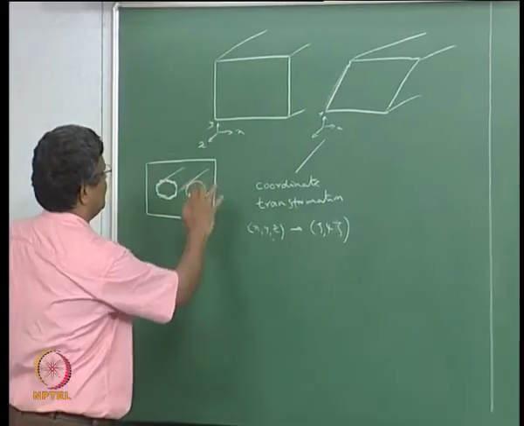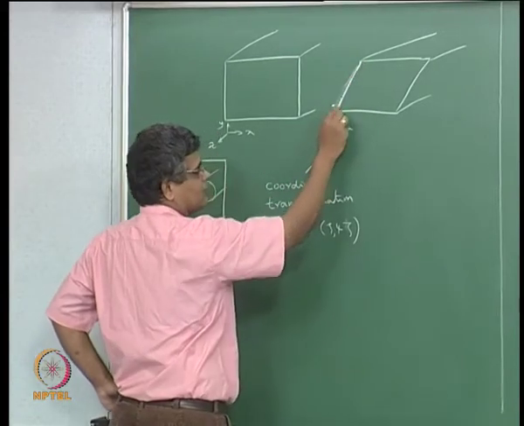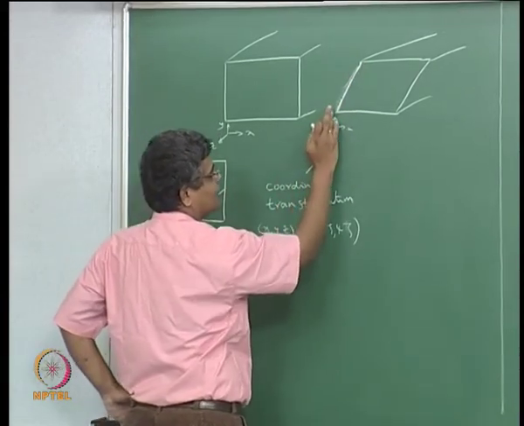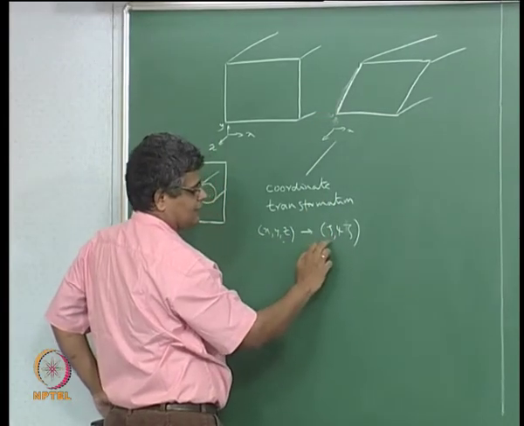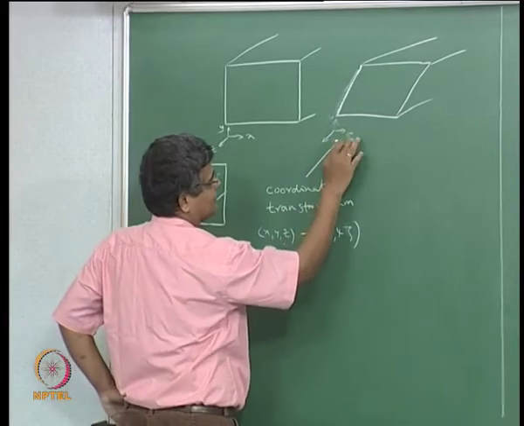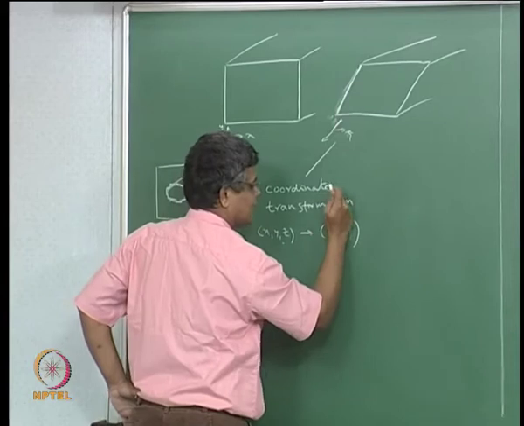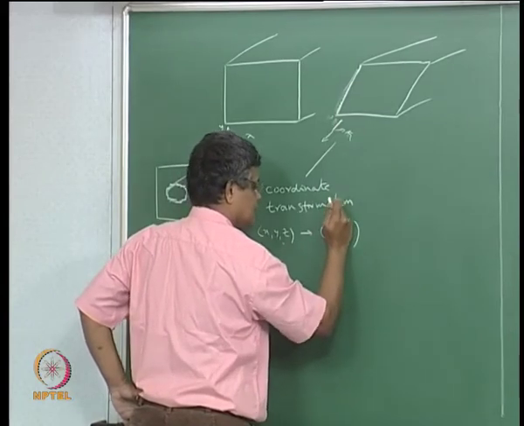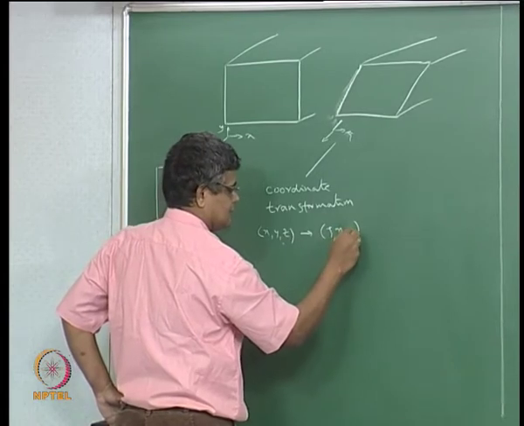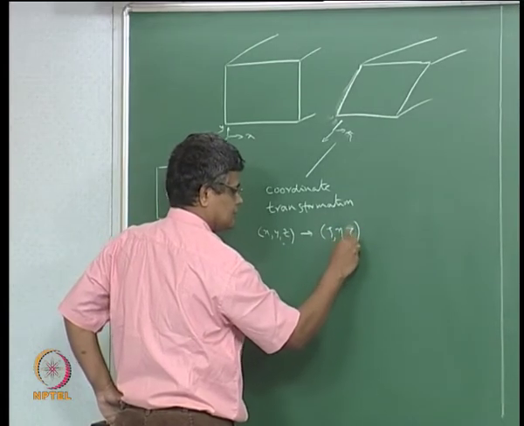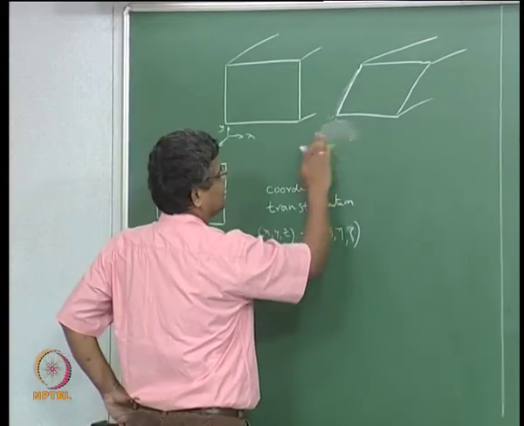For example, we know that we cannot represent this as a constant x or constant y line in this, but if you had these coordinate lines such that this is psi and this is eta, let's work in 2 dimensions.